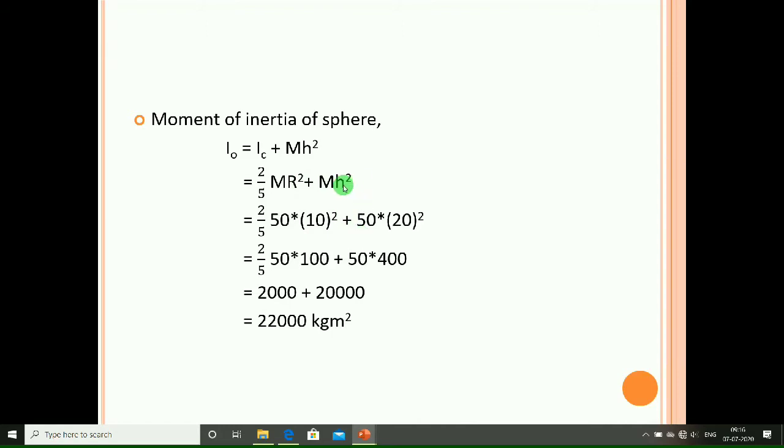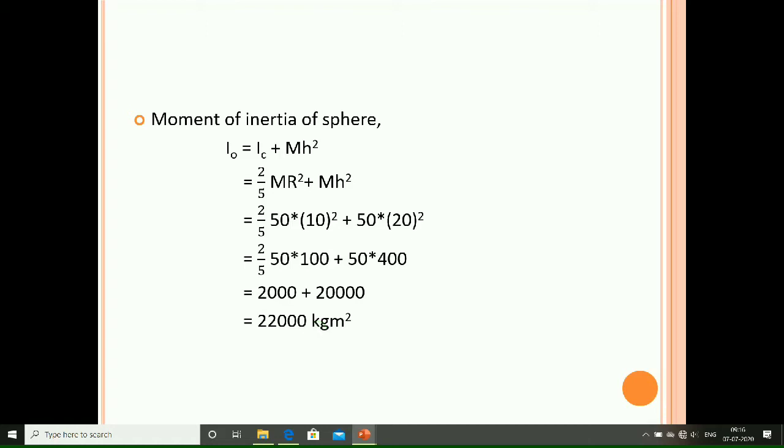Again M is 50, H will be 20, so 20 square. So 2 by 5, 50 as it is, 10 square will be 100, plus 50, 20 square will be 400. After solving, you will be getting 2000 here and here you will be getting 20,000. So total will be 22,000 kilogram meter square.